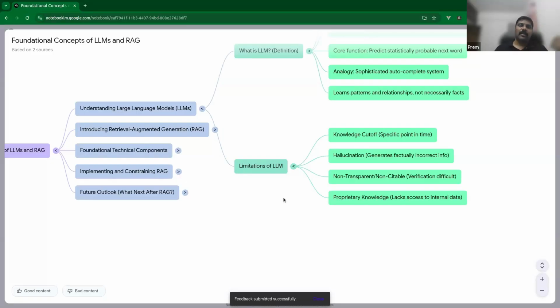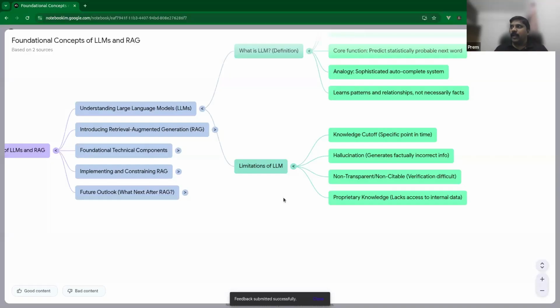Again, there are parameters that define whether it can be imaginative or creative, but that is separate. You can control those parameters to get your responses accordingly. But overall, this is what an LLM is supposed to do.